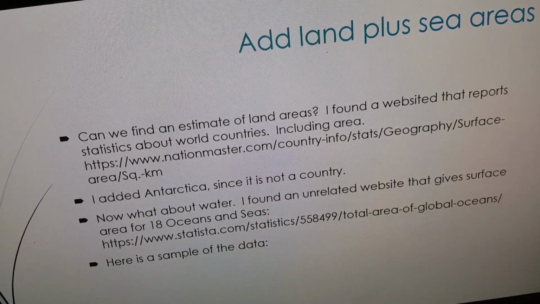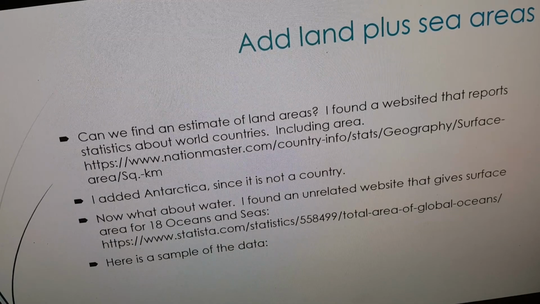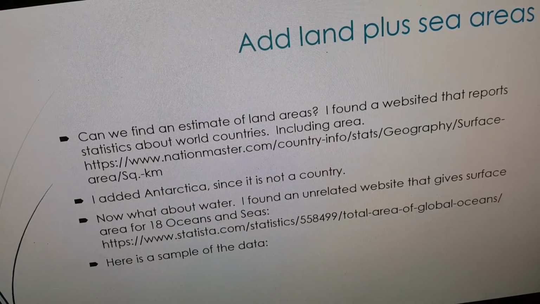So then that covers the land area, but there's an awful lot of water. So I looked up surface areas for water, and I found an unrelated website that gives surface area for 18 oceans and seas. And there is the website for that. Again, you can look that up.